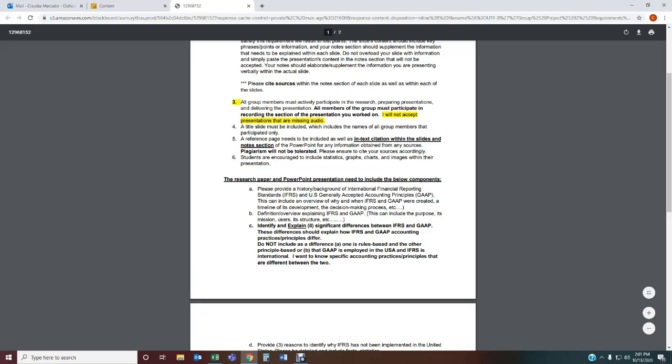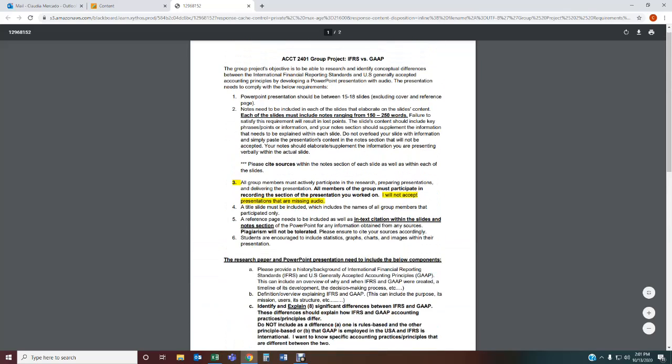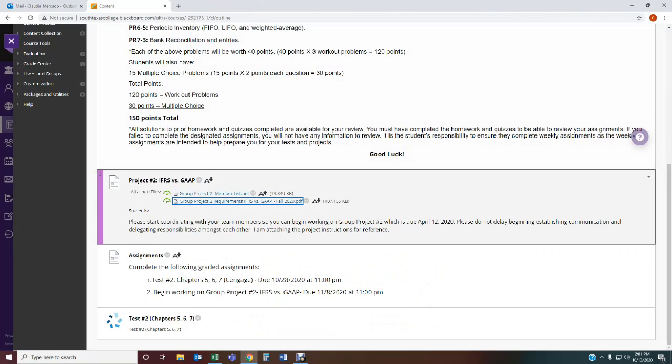Read through them. These are the requirements that need to be addressed on your presentation. So I've provided you with the information about the project so you can begin working on it, begin organizing, begin contacting your classmates so you can establish communication.